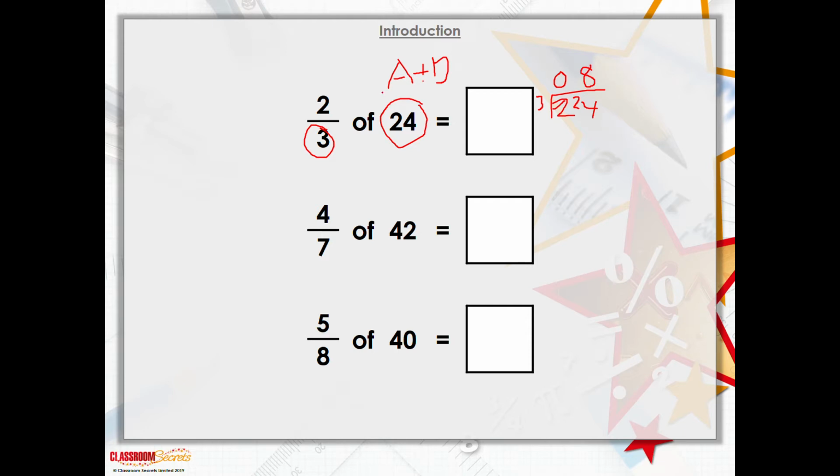I now need to multiply my answer, which is 8, by my numerator. And that should give me the answer of 2/3 of 24. So 8 times by 2, 2 8s is 16. So that's my first answer. I'd like you to do the others now, and I'll give you a minute and a half to do that.